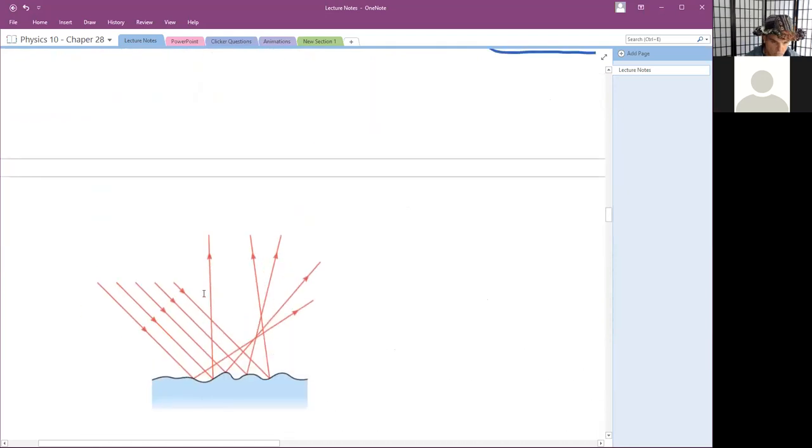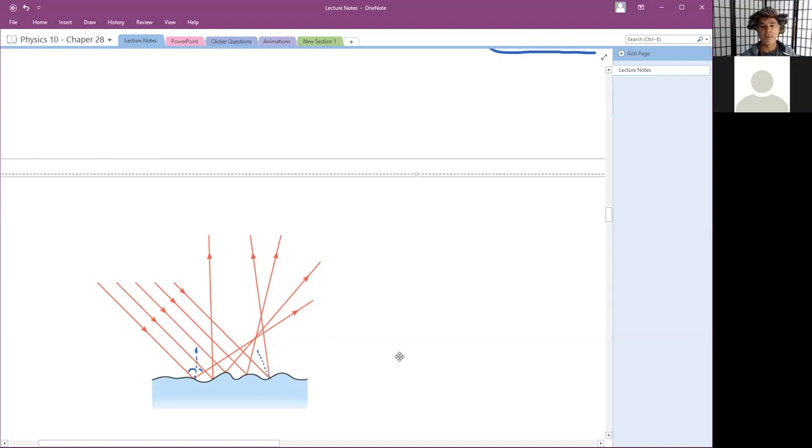And if this is drawn well, then if I want to know how this particular beam of light is going to reflect, I would have to draw a normal at the point where it hits. And if I drew this right, then this angle here and the angle that it reflects at are the same. And again, here, the normal is always perpendicular to the surface. So the normal for this light ray would point like that.